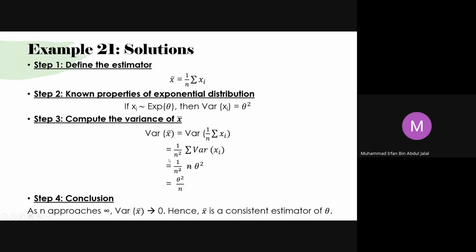This is only true when the sample is IID. If the samples are correlated, then it's not true because you need to consider the covariance as well.